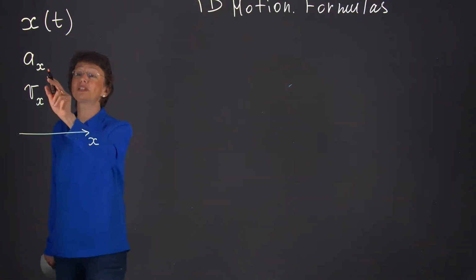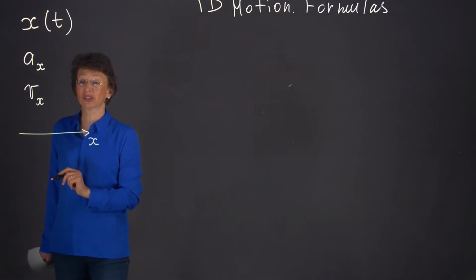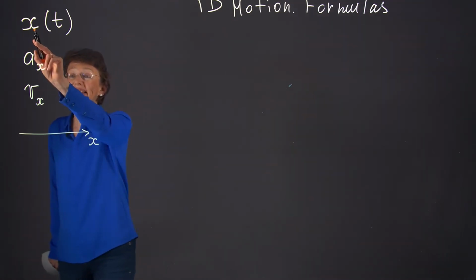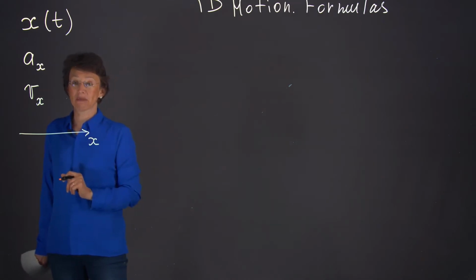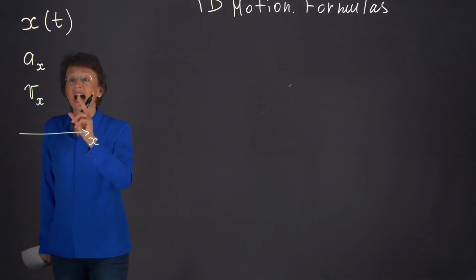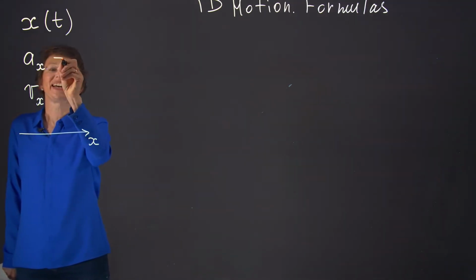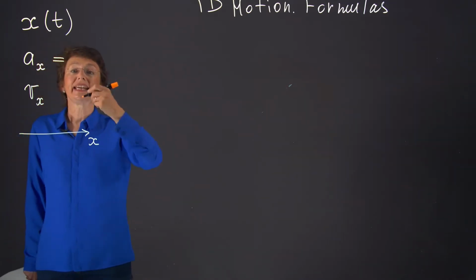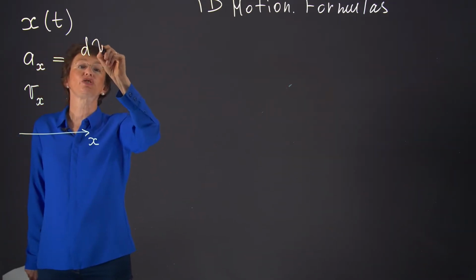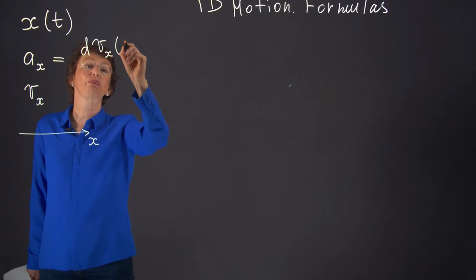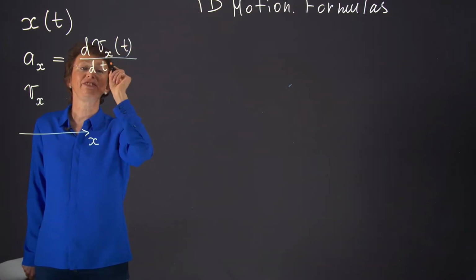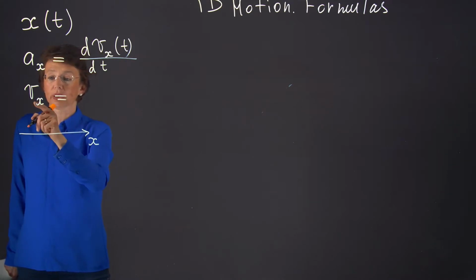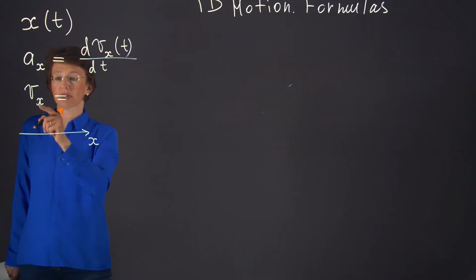I find the projection of acceleration and velocity on x, and x is the position of the object along x. Now, a sub x, by definition, is the rate of change of velocity, the derivative of velocity, projection x: dvx/dt. What is the definition of velocity?